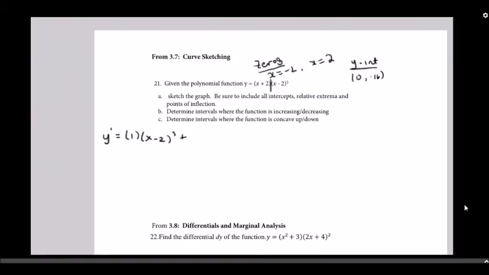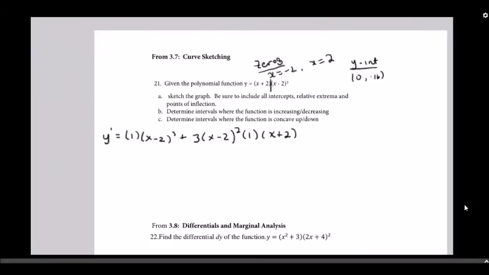So g prime is going to be 3 times x minus 2 squared, and then we need chain rule there, derivative of the inside function. So there's g prime. Now we multiply that by f, which is x plus 2.